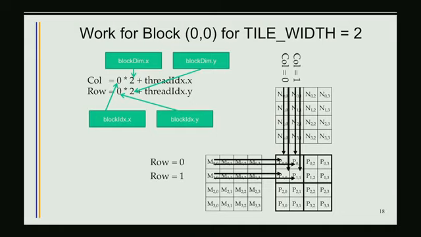So let's just see one more example here. So this is block 0, 0, this one right here, which means that block index x and block index y are both going to be 0. Thread index x will be 0, 1, and thread index y will be 0, 1.